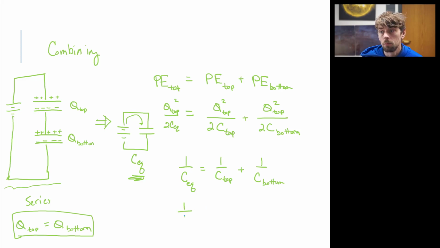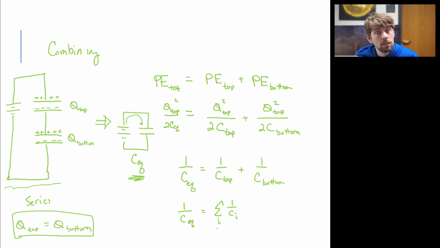Now we can write this more succinctly. We say the equivalent capacitor is equal to the sum, 1 over, where these are the individual capacitances. And that's perfectly expandable. We can expand that not only to one capacitor, it could be 10, it could be 15.